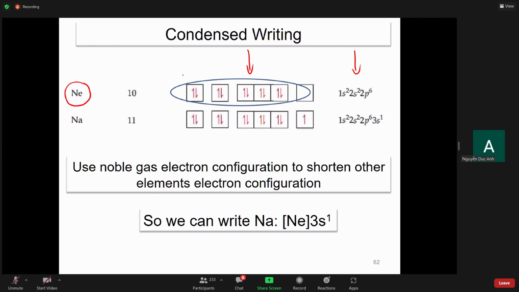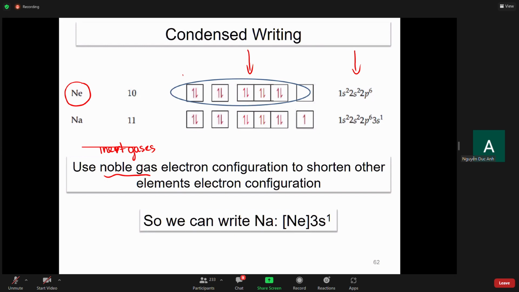Neon, argon, krypton, or helium are named noble gases, or inert gases. They represent a very stable electron configuration, and in condensed writing, you use the electron configuration of noble gases to shorten the other elements.